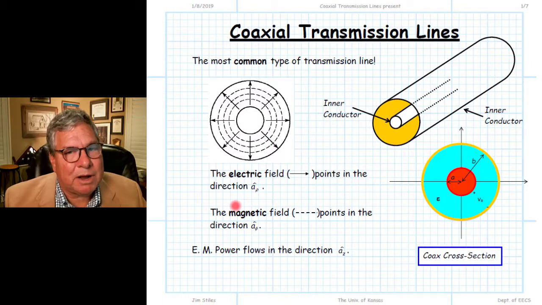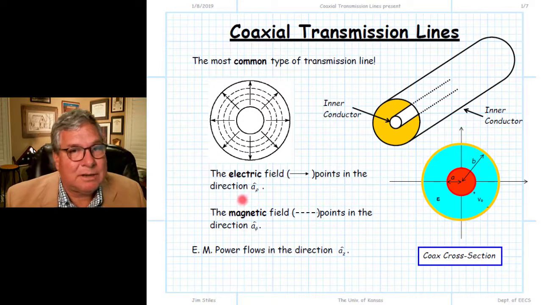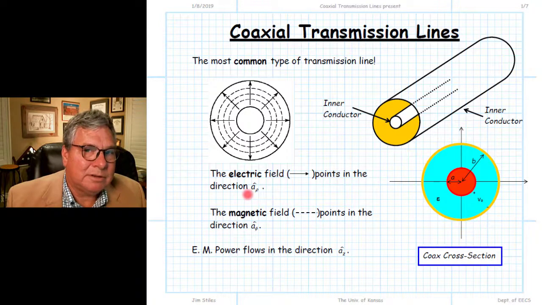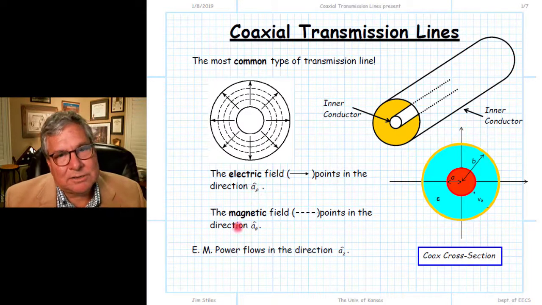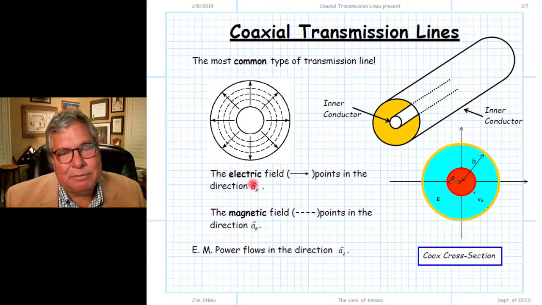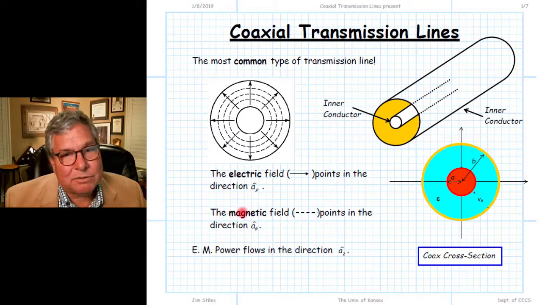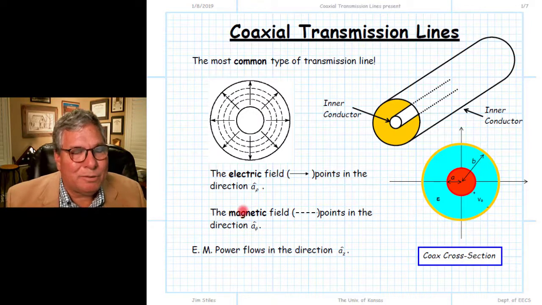Now, this should be no surprise, because if we have current, we are going to have magnetic fields or magnetic flux densities. If we have voltage, then we're going to have electric fields. That's true of all circuits. Voltages result from electric fields, and currents result from magnetic fields, or vice versa, depending on your viewpoint of how it works. Of course, they're coupled together.